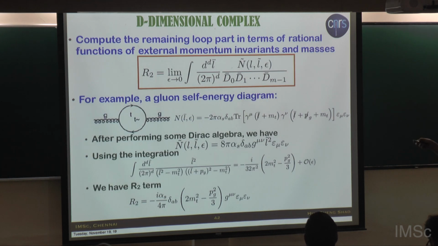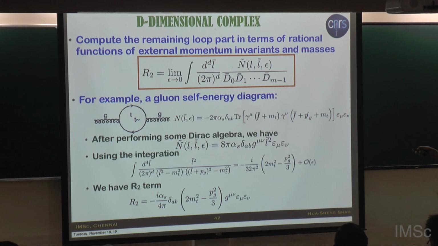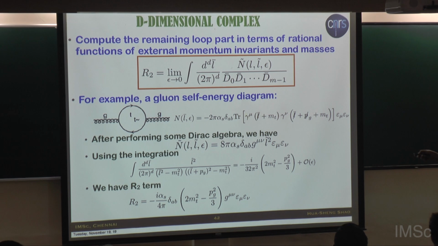So you can define the n tilde term this way, R2, right? And the good thing is that it can be proven to be only UV related. So literally, you can write it into the UV counterterms, the renormalization counterterms, into the Feynman rules, okay?